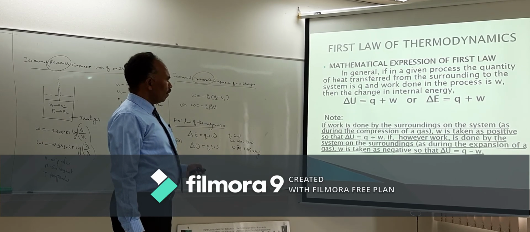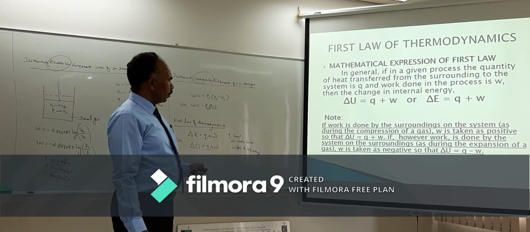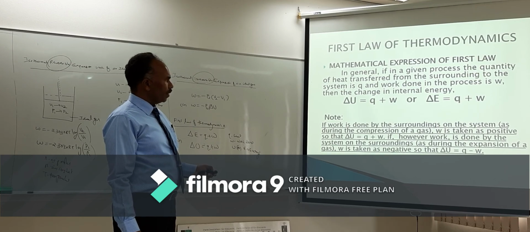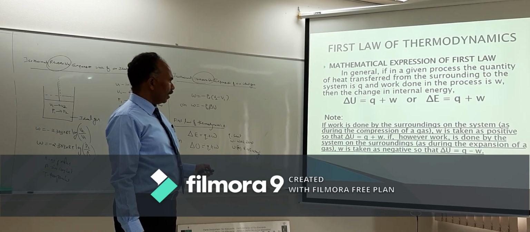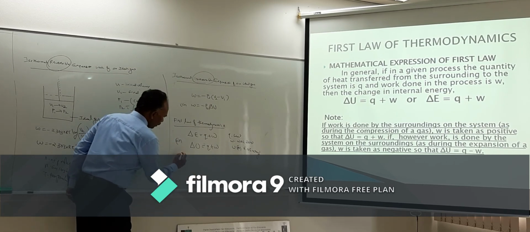Note that if work is done by the surrounding on the system, as during the compression of a gas, W is taken as positive, that is delta E is equal to Q plus W. Very, very important.